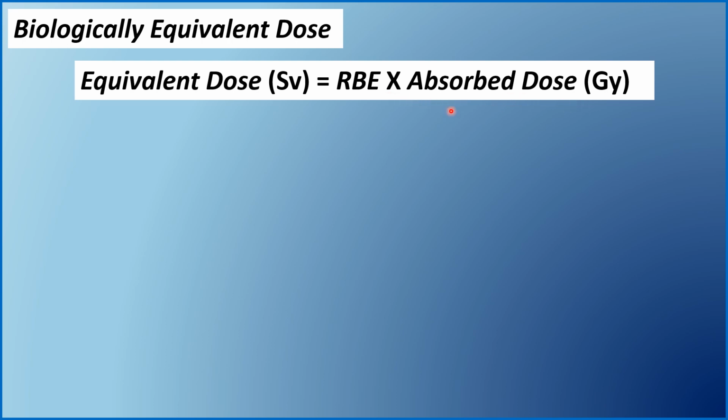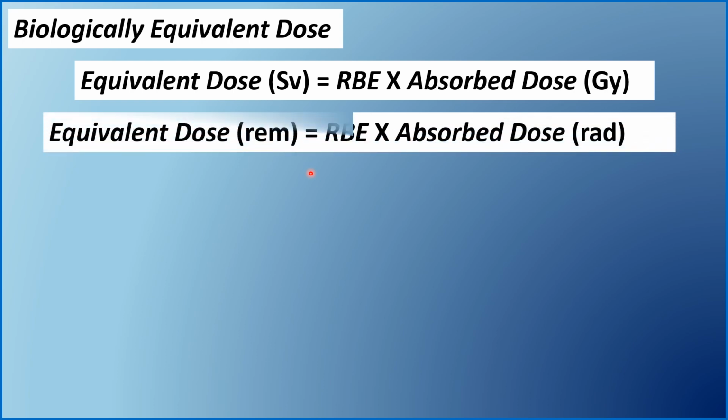So if the absorbed dose is expressed in gray, the unit for equivalent dose is the sievert. If the absorbed dose is expressed in rad, multiplying that by the RBE will give us the equivalent dose expressed in rem.